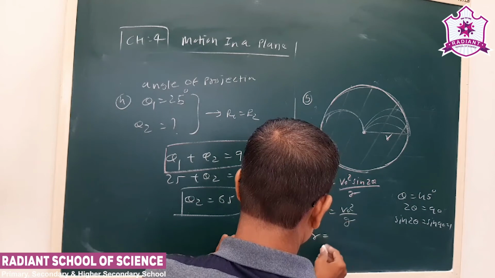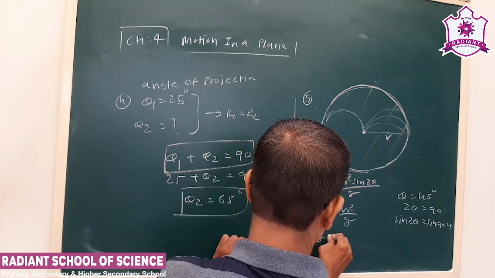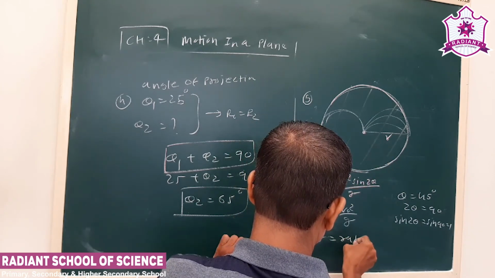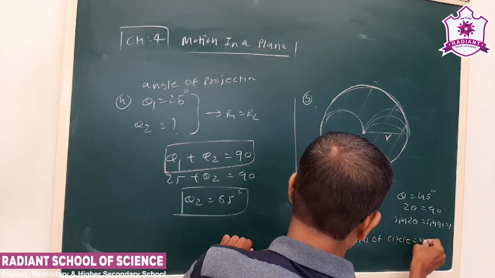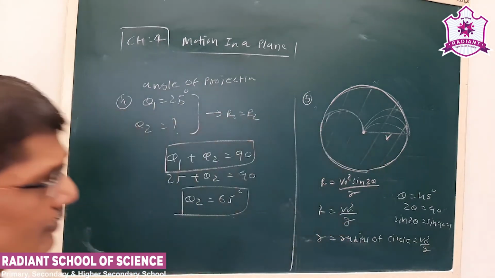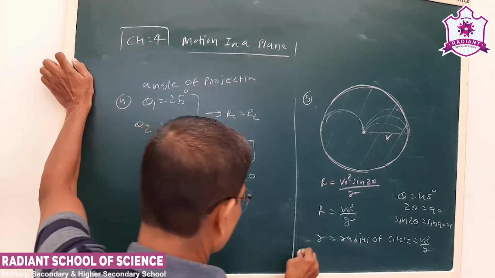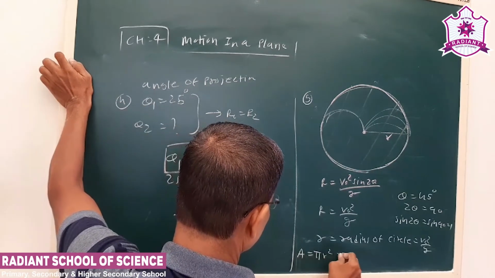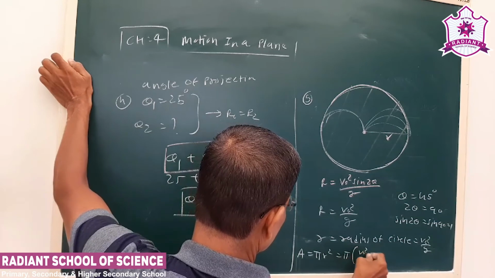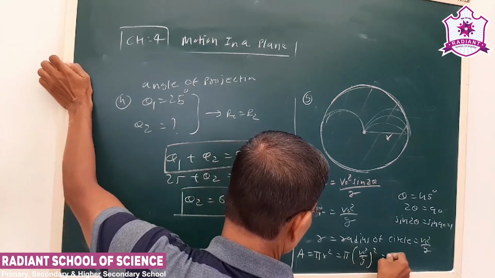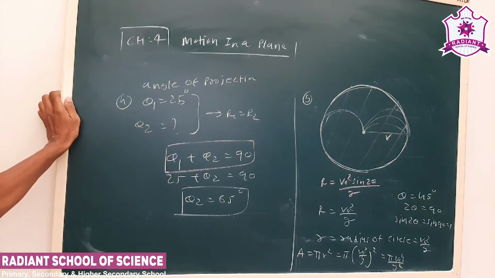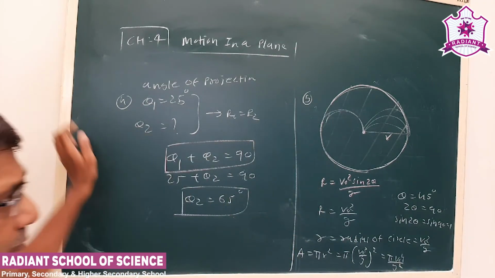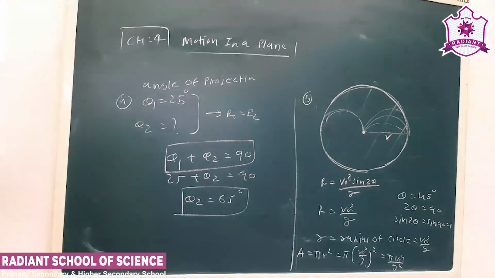This is nothing but the radius of the circle. The area of the circle is pi r square, that is pi times v0 square upon g, whole square. So that is the maximum area covered.